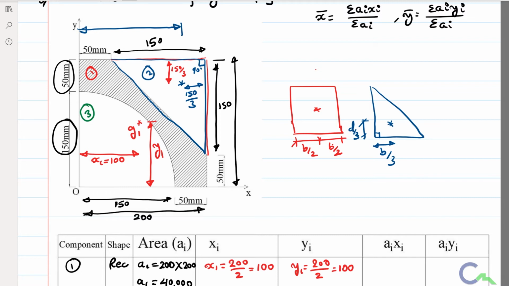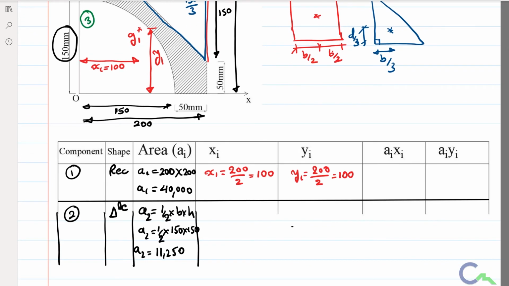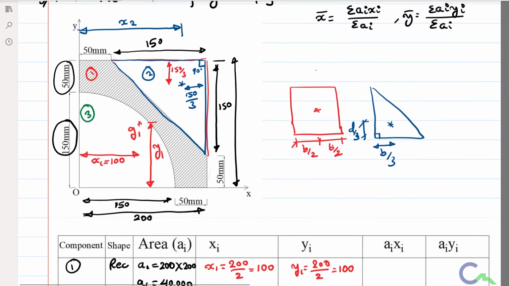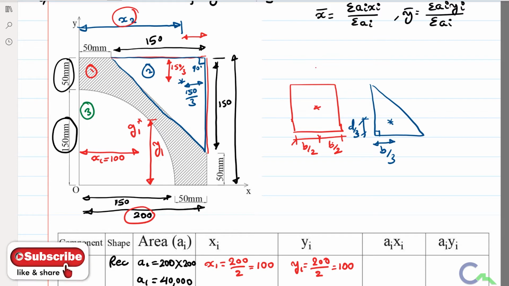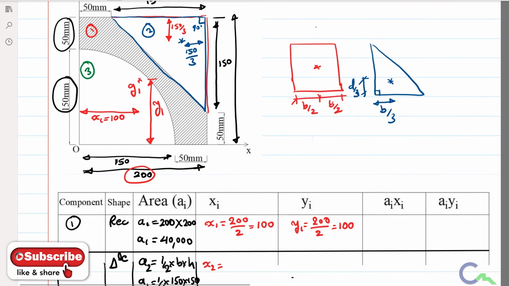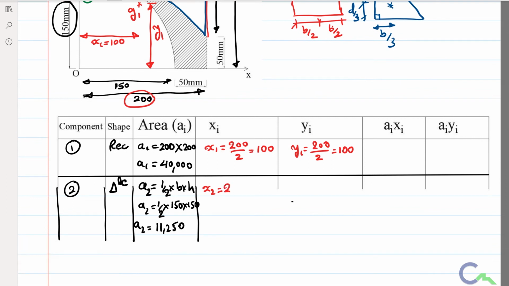So the x2 distance, from the OY reference axis, I can take here. This is x2. For x2, the total width of the rectangle is 200, and from that I have to deduct this distance. So from 200 I have to deduct 150 divided by 3. Therefore 200 minus 150 divided by 3, and x2 we will get 150.